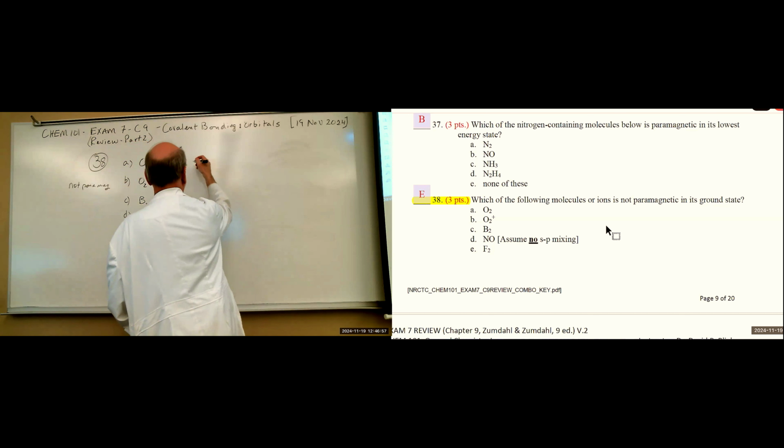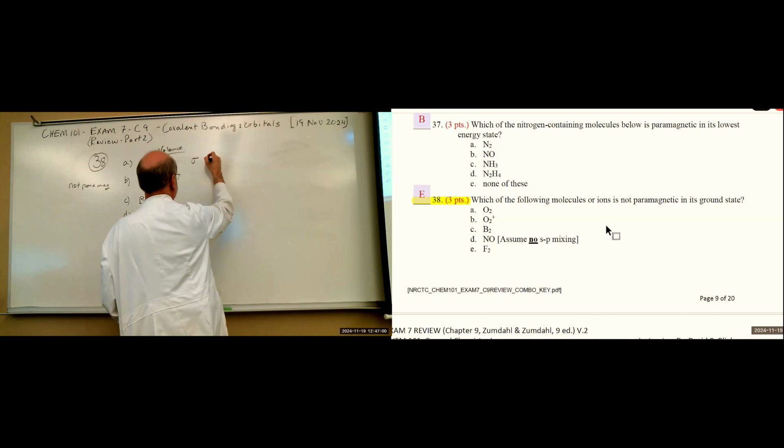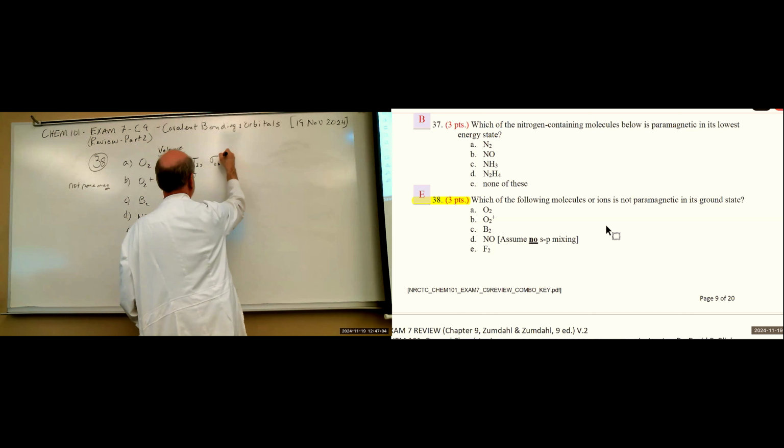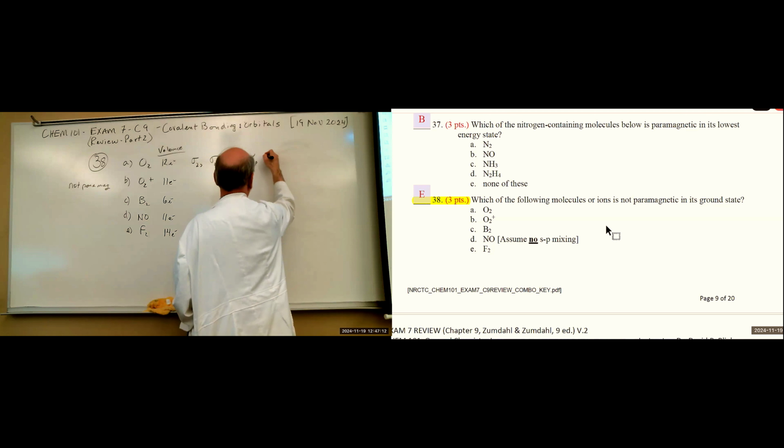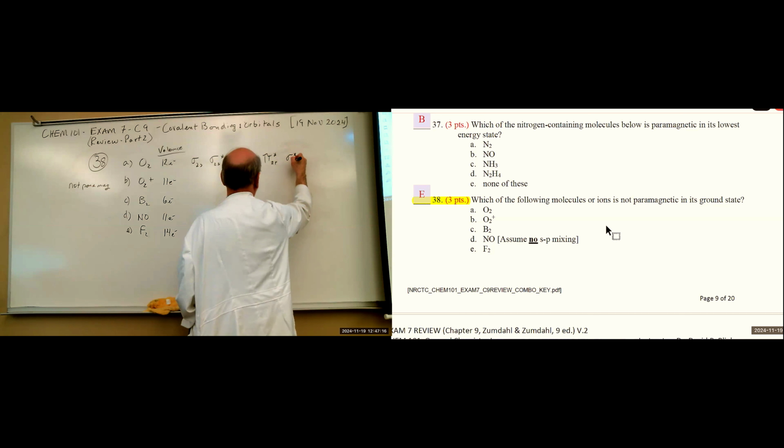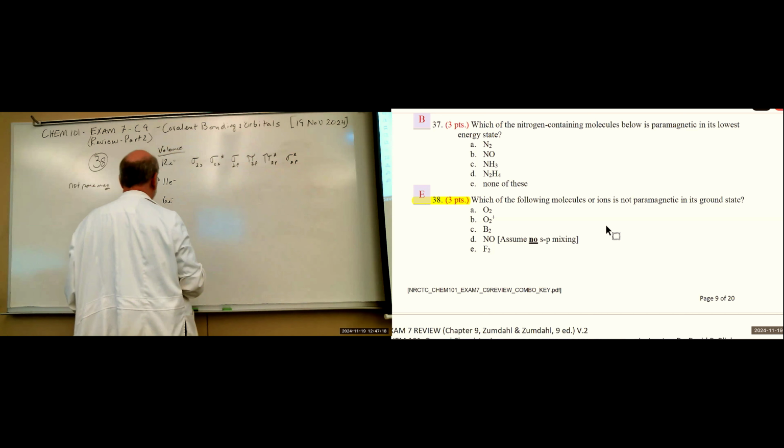O2 is going to be no mixing. So we're going to have sigma 2s and sigma star 2s, and then a sigma 2p and pi 2p, and then a pi star 2p and sigma star 2p.